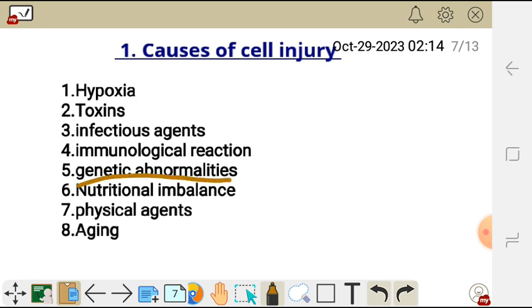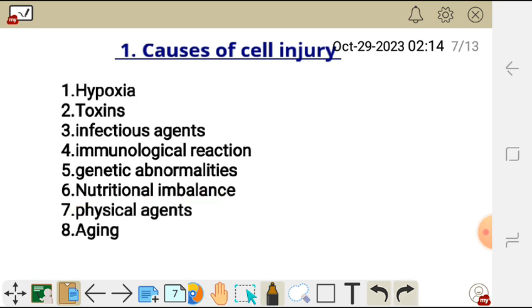And genetic abnormalities, we are talking about deformed DNA. And you know that if the DNA is deformed, even the proteins which are going to be translated from there are going to be deformed as well. We are going to have proteins which are misfolded, accumulating inside the cell. So when that happens, the cell will be injured.